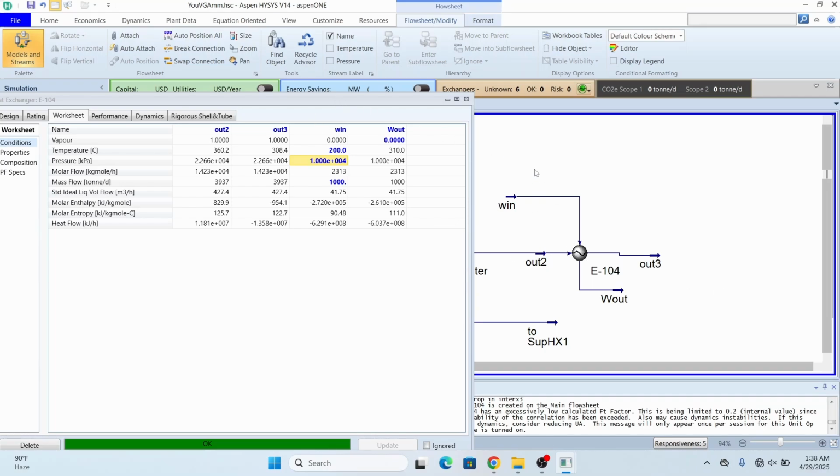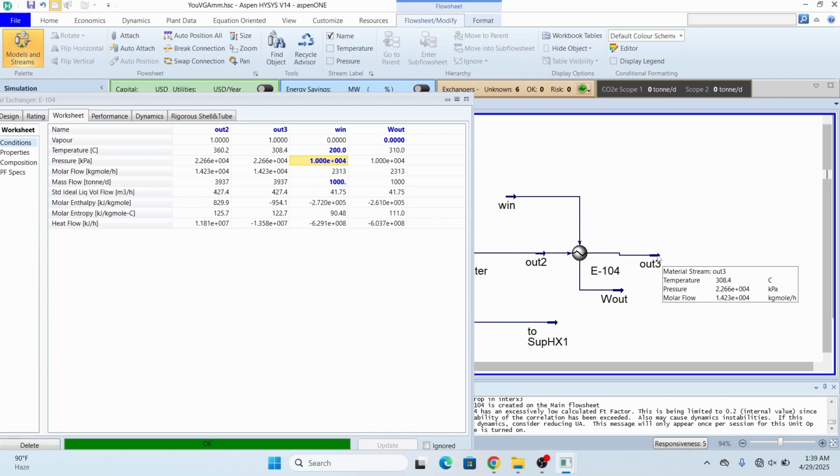So we will see how in our flow sheet we either have to use a utility to increase the temperature of water to 200 degrees, or we can utilize the heat from somewhere else in our model to raise it from ambient temperature.